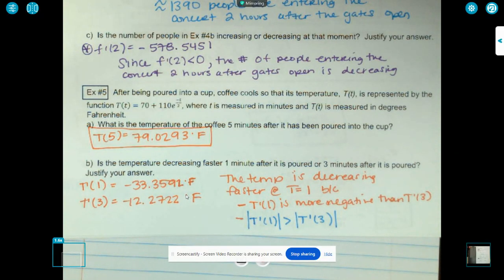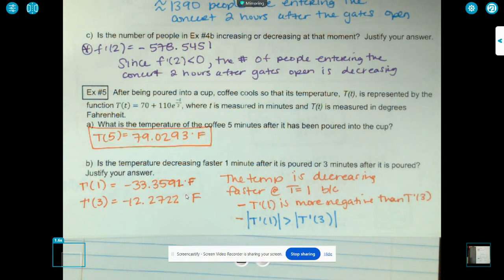Can't you just say it's decreasing at a greater rate? Yeah, that's what I said there, just in different words. But say something, because if you leave justify your answer blank, you get mad, Miss Johnson.